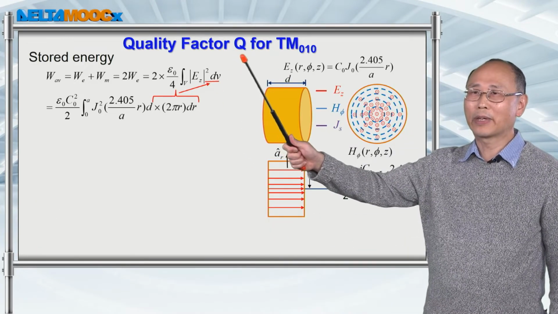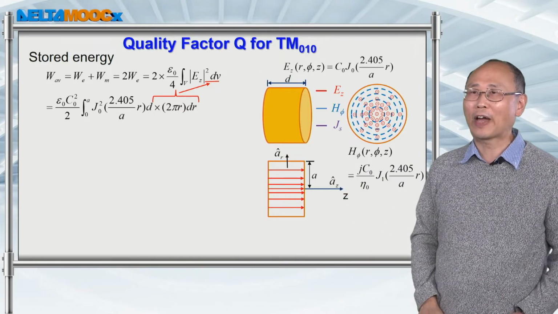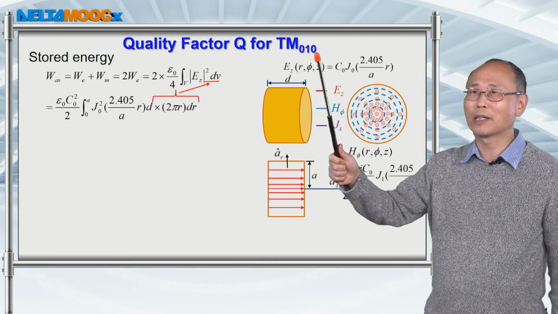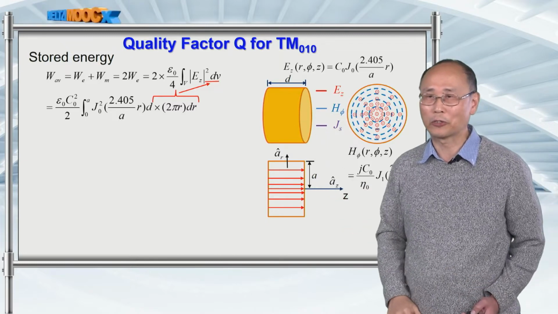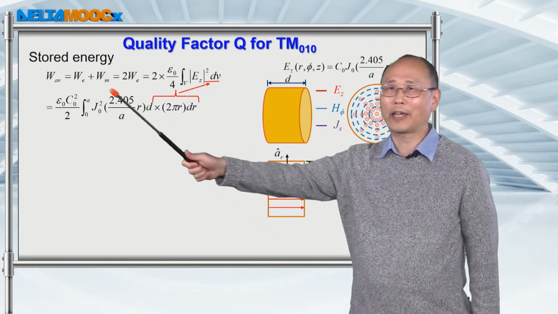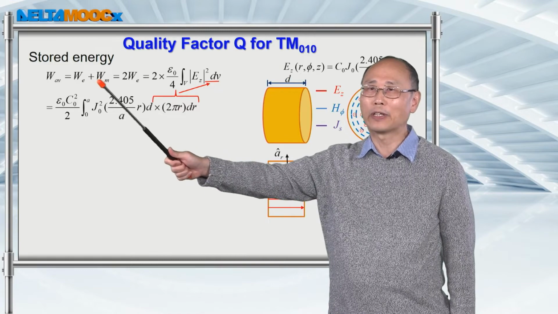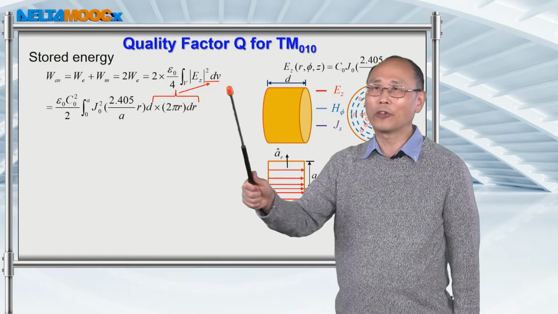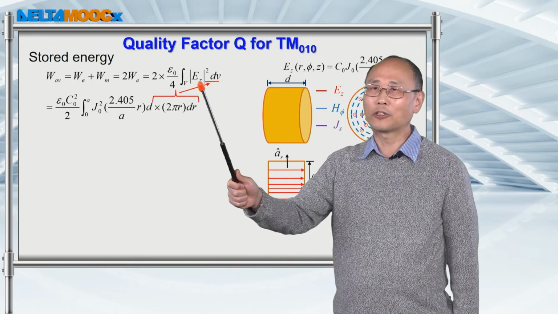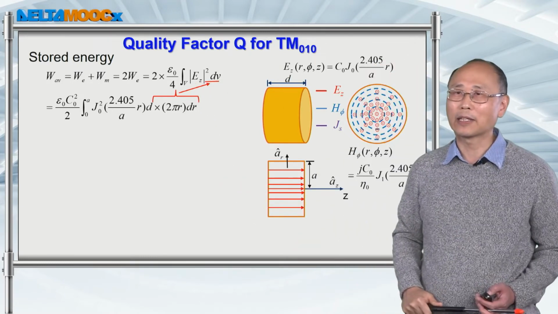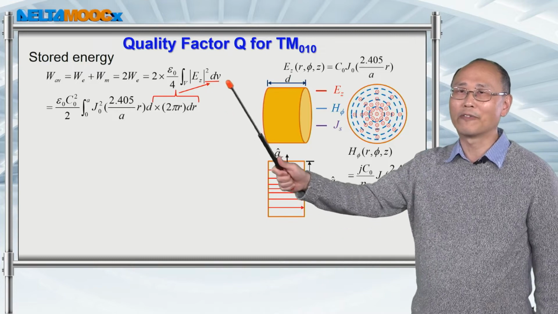Also, we can calculate the quality factor for this TM010 mode inside this cylindrical resonator. Well, first we just calculate the average stored power inside. So you want to figure out the electric energy density and also magnetic energy density and integrate them over the volume.